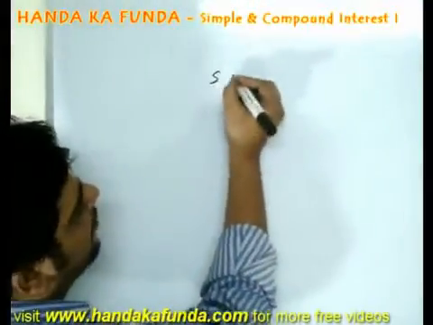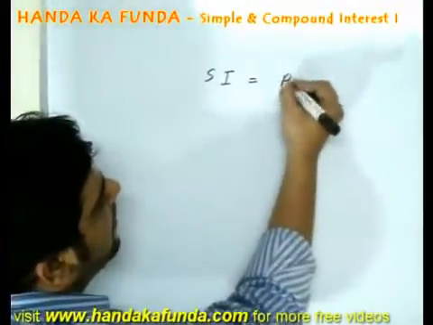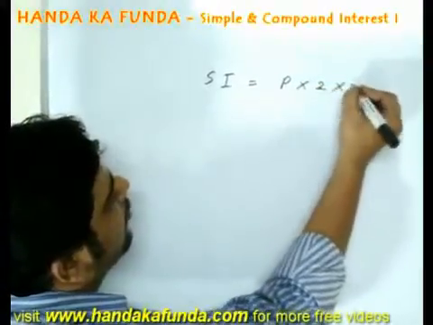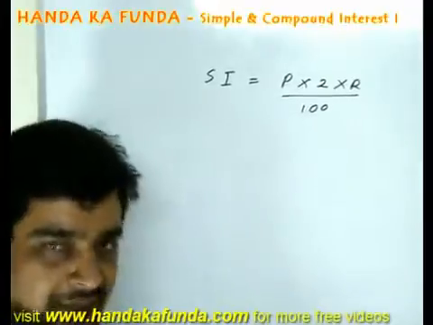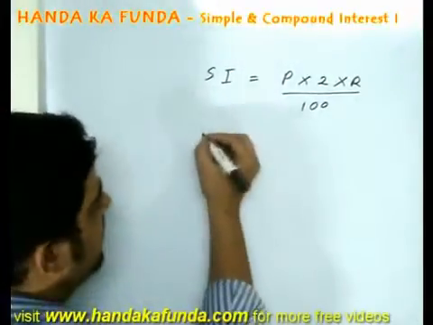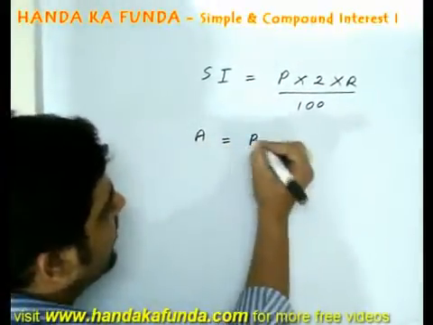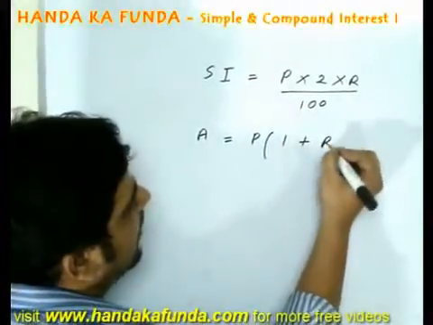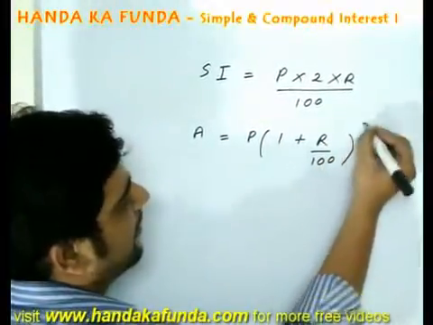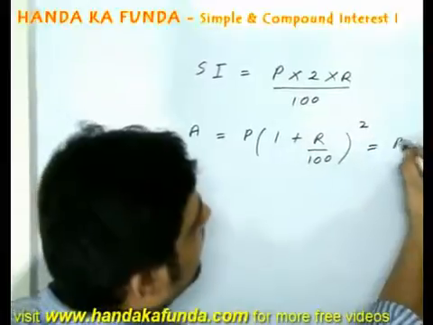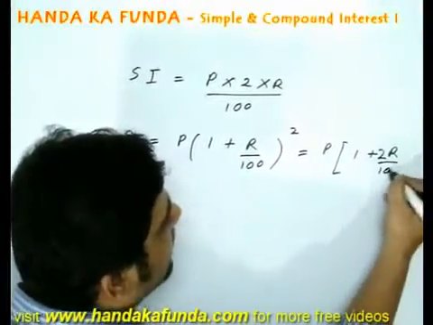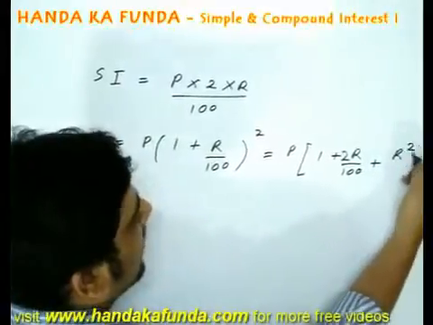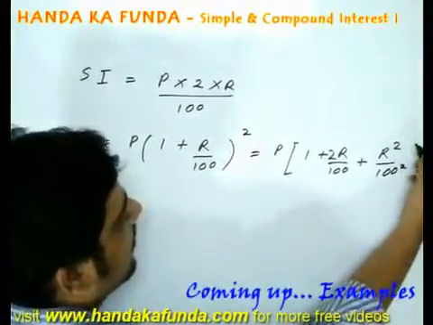Simple interest in case of 2 years will be P into 2 into R by 100 because the time period is 2 years. For the compound interest, I first need to calculate the amount, that is P into (1 plus R by 100) whole square, which will be effectively P into (1 plus 2R by 100 plus R square by 100 square).